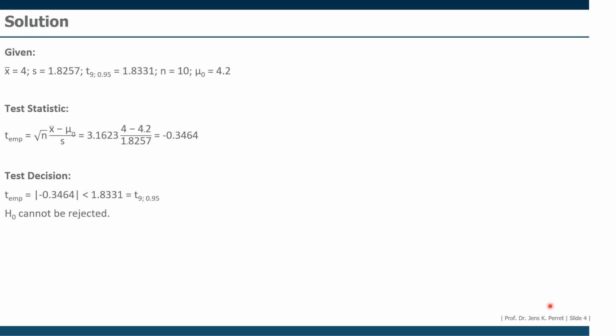This means that the arithmetic mean of 4 is not significantly smaller than our test value of 4.2. This means that they should not take the product off the shelves, because it's not yet significantly below the critical value they set.